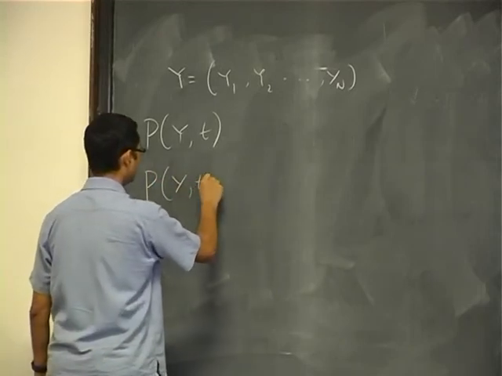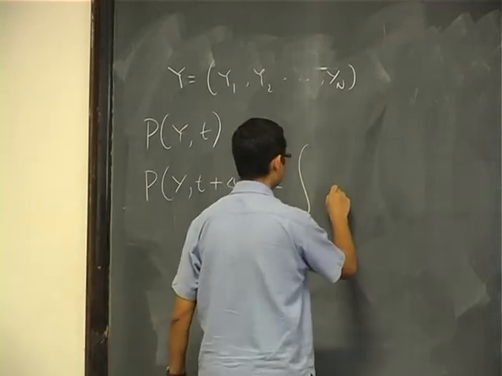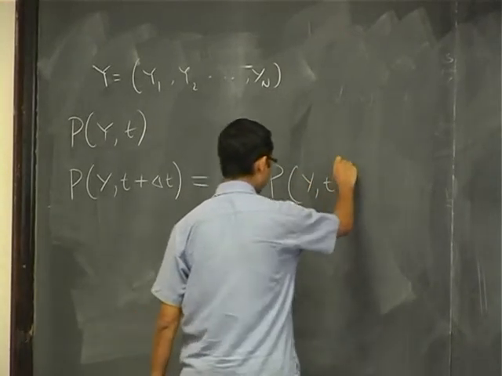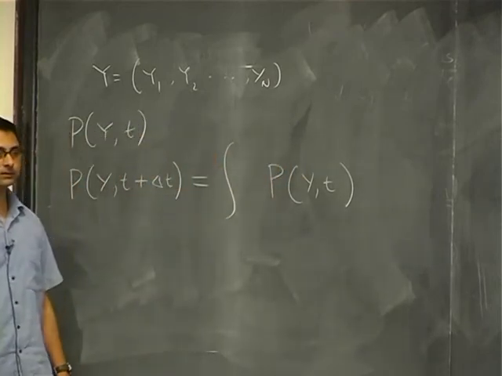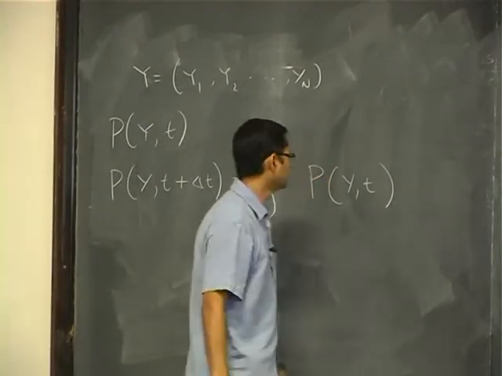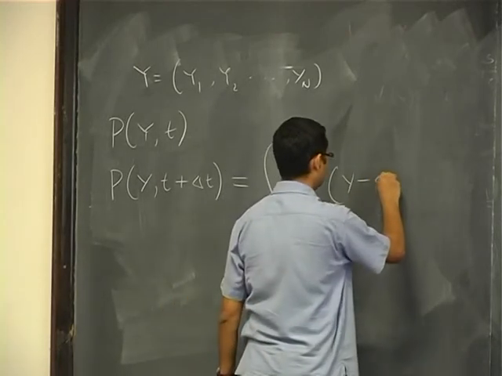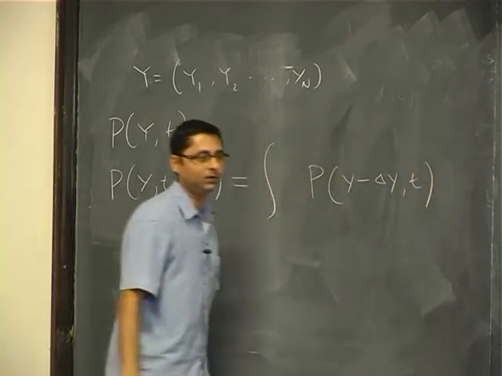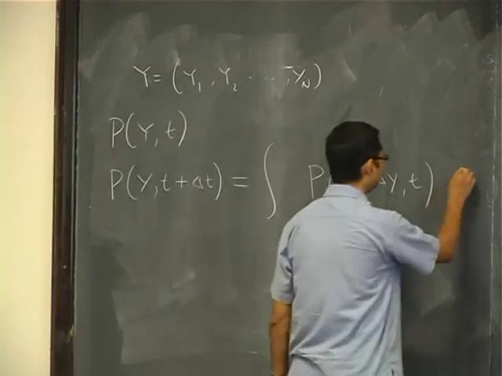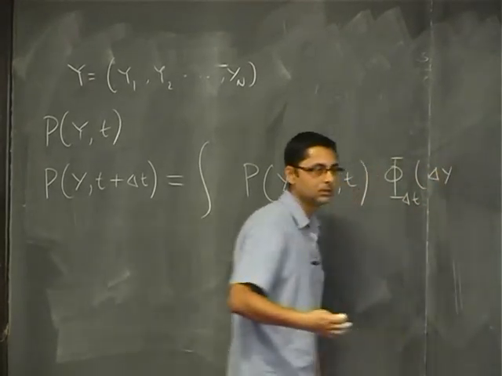So p of y at time t plus delta t is equal to p of y at time t, the probability that it was at y minus delta y at time t, times the probability density for the jump, that it jumps in delta t time by delta y.